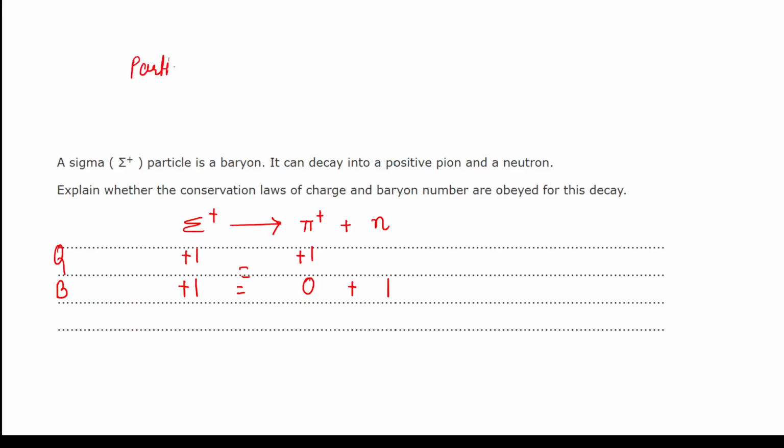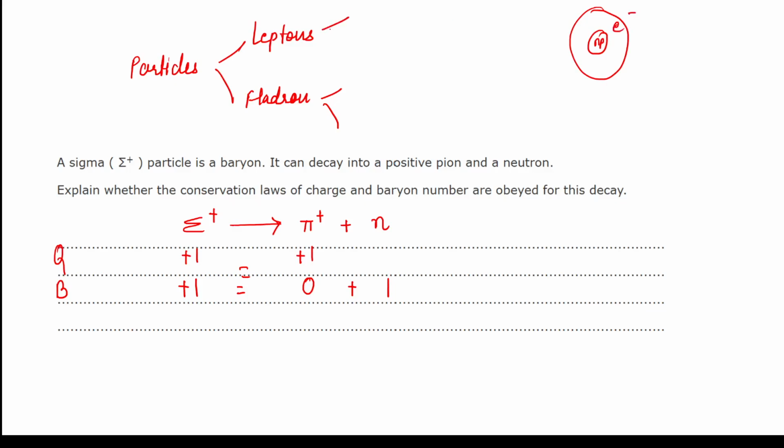Fundamental particles have two categories, leptons and then hadrons. Try to remember this category, and leptons are the fundamental particles. Outside of the nucleus, the electron is a fundamental particle, so it's a lepton.